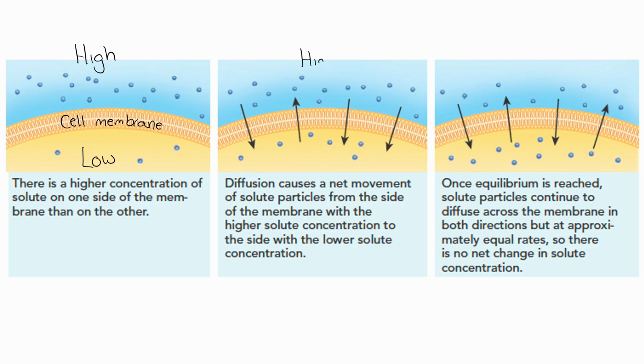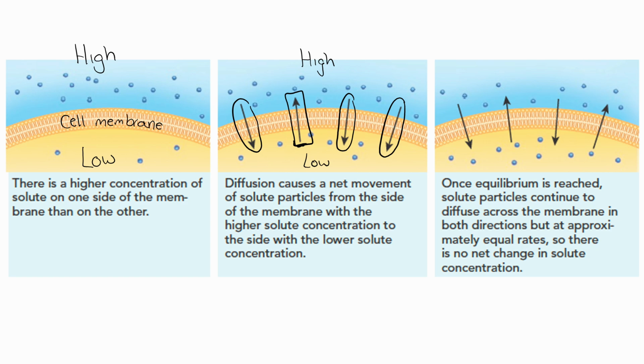Notice we have high concentration over here, low over here. What we are going to see is a net movement of these molecules towards that low concentration. But we are still going to have some molecules moving in the opposite direction. The only difference is that we are moving more molecules from high to low.